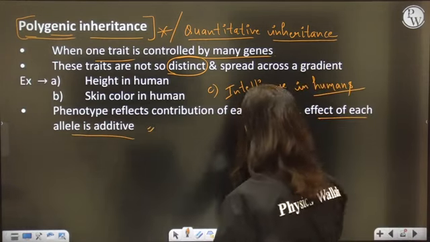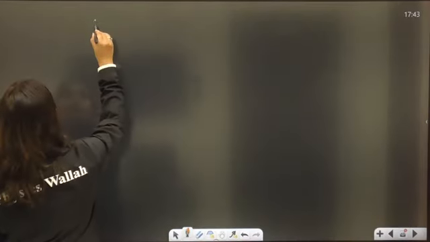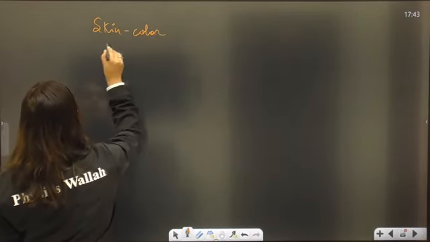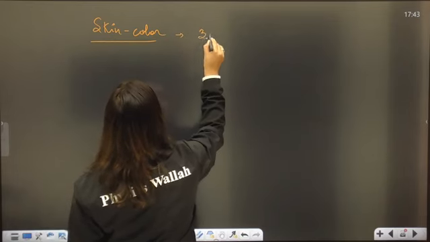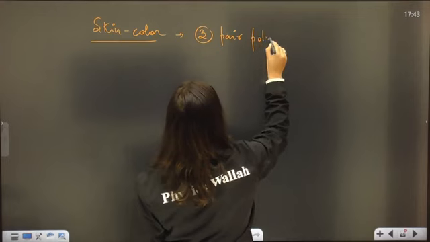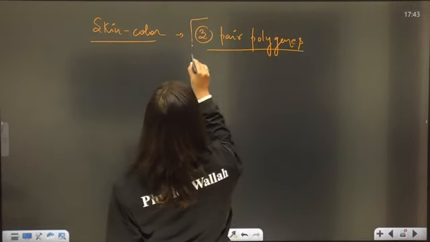Okay, so let's understand polygenic inheritance more with the example of skin color inheritance. Skin color inheritance is controlled by 3 pairs of polygenes.